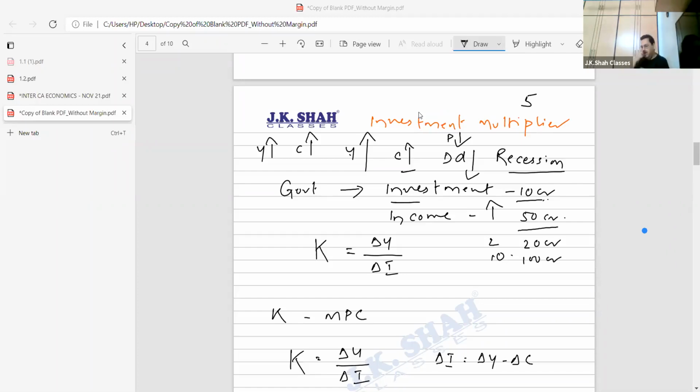So this will lead to recession and several economic problems. Full stop.